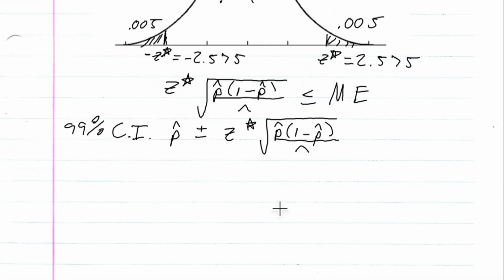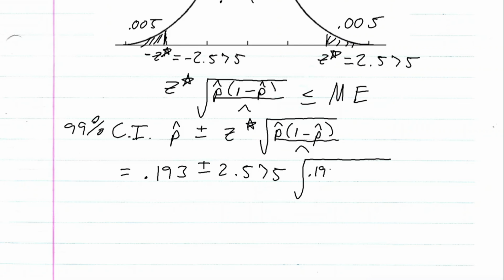So we have everything. Remember, our p hat was 2105 over 10,904, but we're just going to use our estimate, 0.193, plus or minus z, 2.575, times the square root of p hat, which was 0.193, and 1 minus p hat is 0.807, all over 10,904.